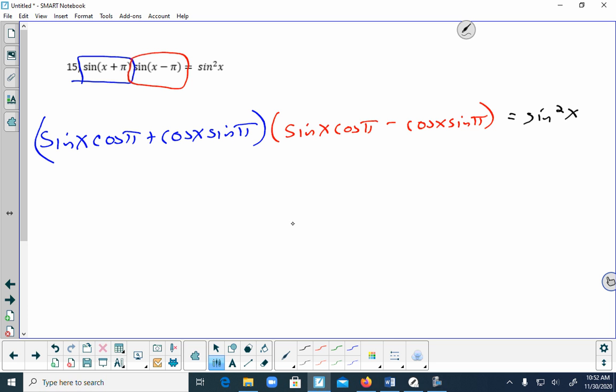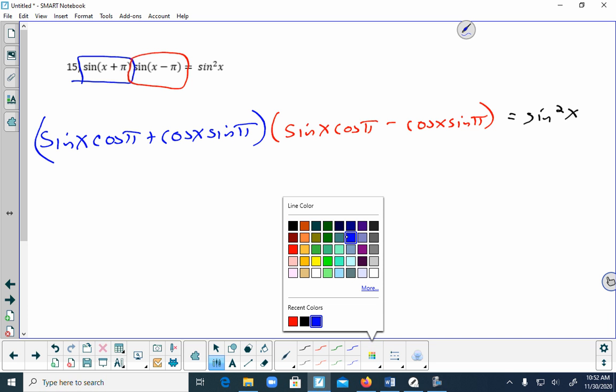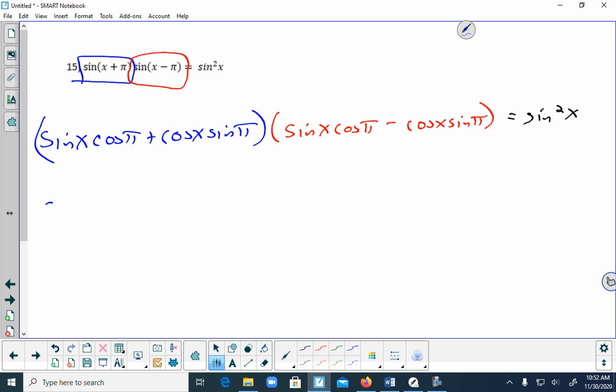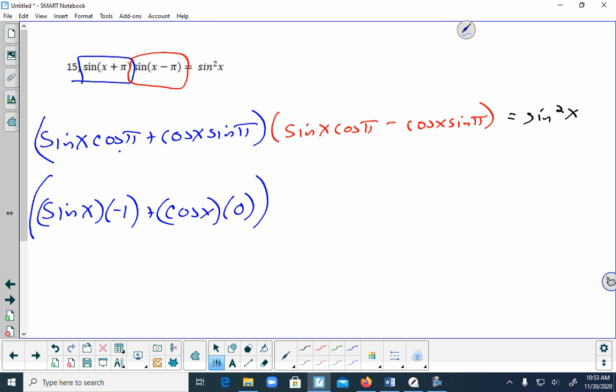So when I do this, this will be the sine of x times the cosine of pi, which is -1, plus the cosine of x times the sine of pi, which is 0. So this will be negative sine of x plus 0.